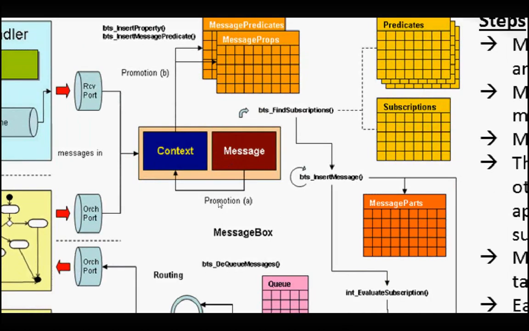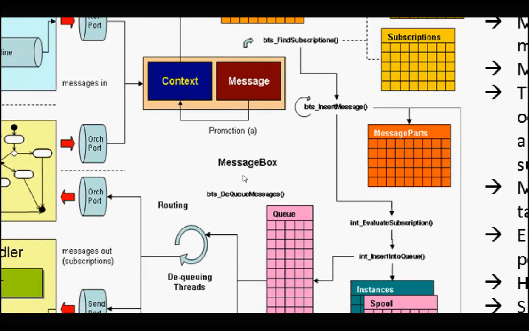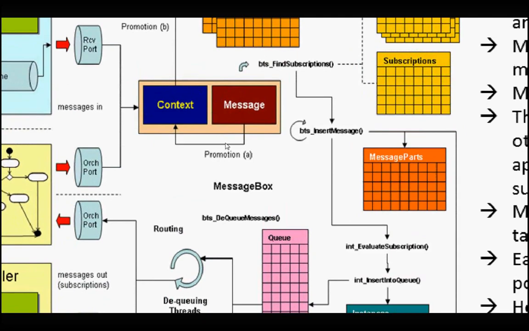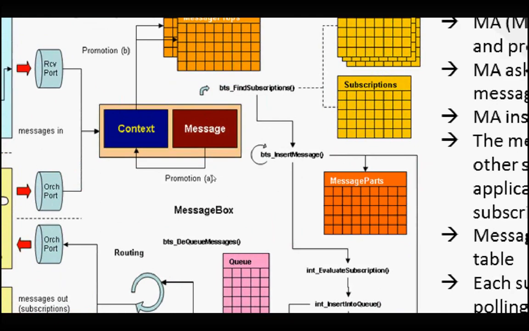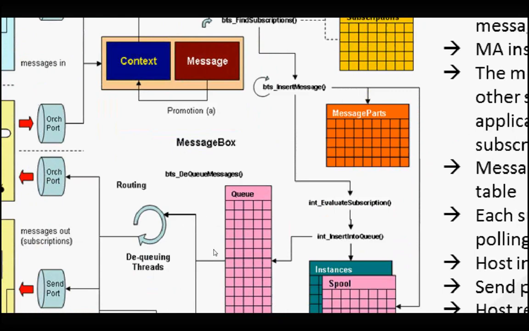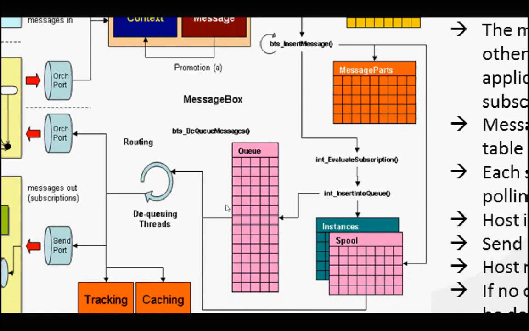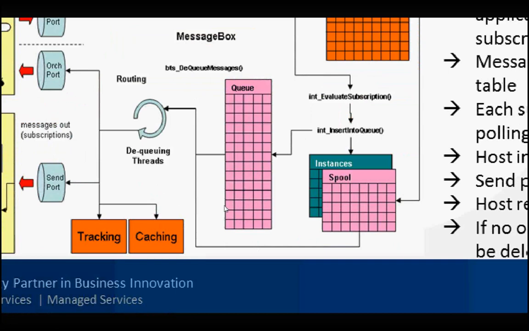What values are needed to validate against predicates? Once that is done, if it is validated, then it is inserted into the message box. All the message parts you can see here will be inserted. If any subscription is found, it will be evaluated and then added to the queue because those are subscribed.